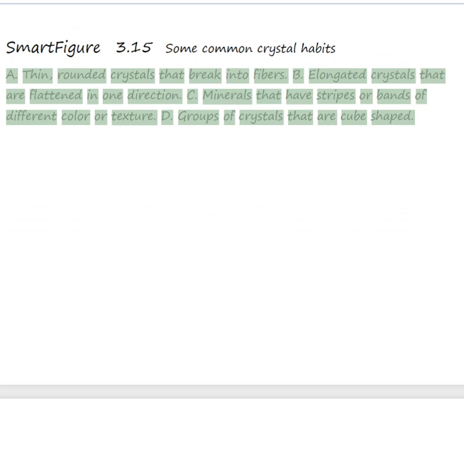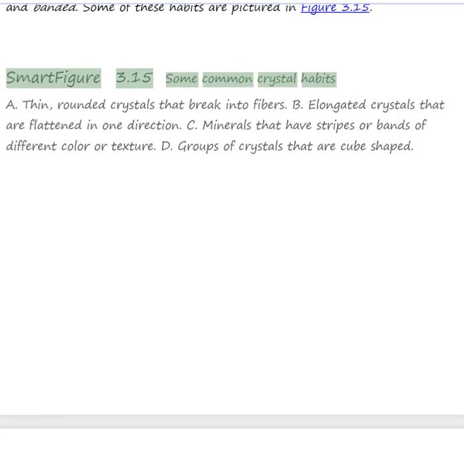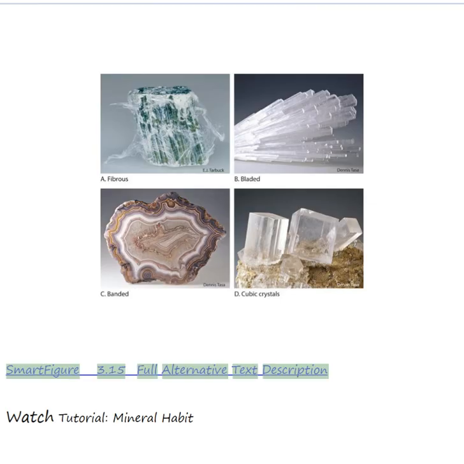A. Thin, rounded crystals that break into fibers. B. Elongated crystals that are flattened in one direction. C. Minerals that have stripes or bands of different color or texture. D. Groups of crystals that are cube-shaped. Smart Figure 3.15 Some common crystal habits.